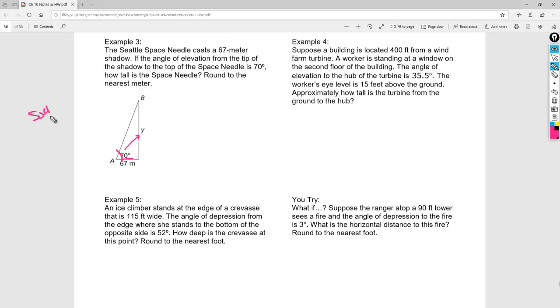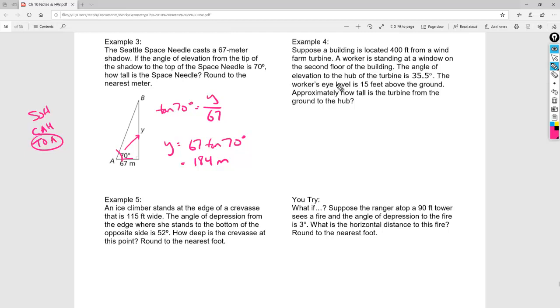So if I remember from my handy-dandy acronym, opposite over adjacent is tangent. So I will use tangent of 70 degrees to be y over 67. That means y will be 67 times tangent of 70. Therefore, y is going to be 184 meters.